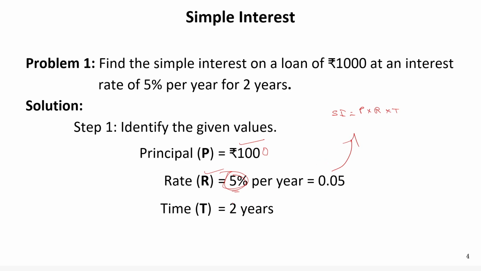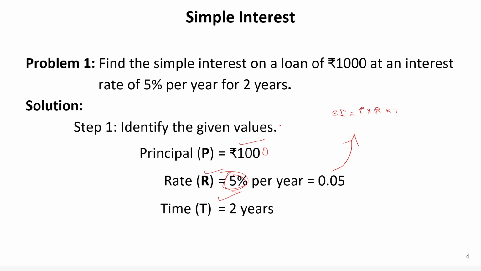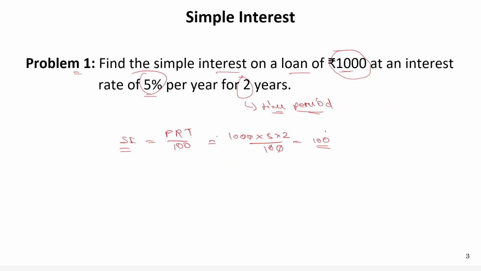Time is given as 2 years. So let's use the formula PRT. Here R is taken in decimal form. So 1000 into 0.05 into 2 is equal to 100. So 100 is the correct answer. We have also evaluated 100, so this is the correct answer.